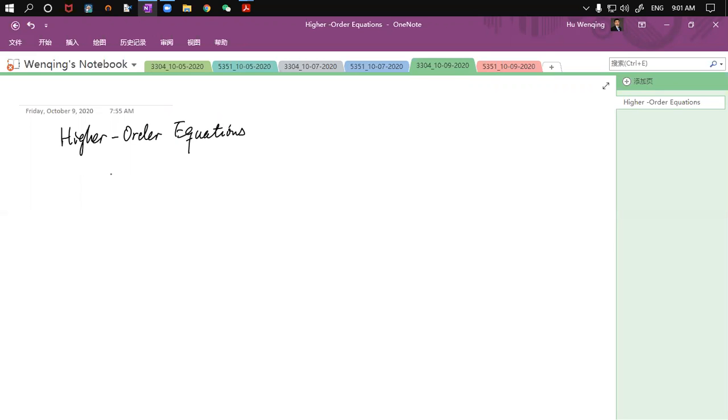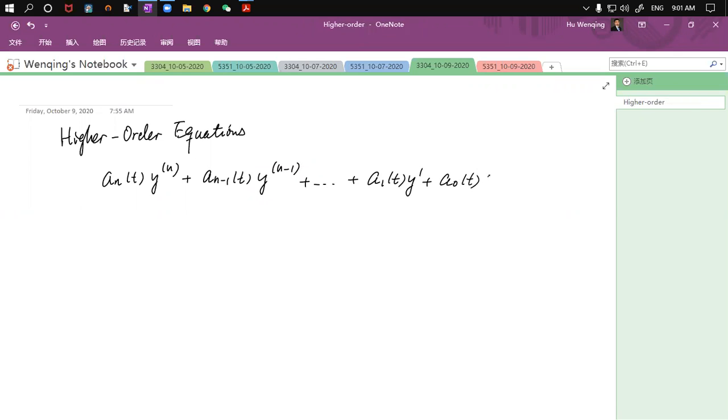So a higher order equation has the form a_n(t) y^(n) plus a_{n-1}(t) y^(n-1) plus ... plus a_1(t) y' plus a_0(t) y is equal to b(t). So that's a higher order linear equation.